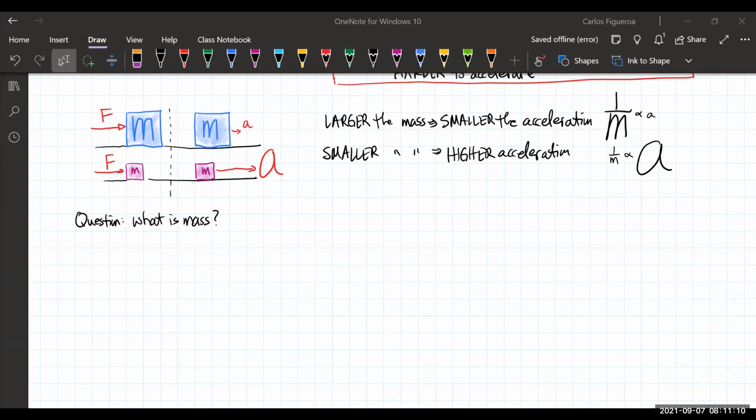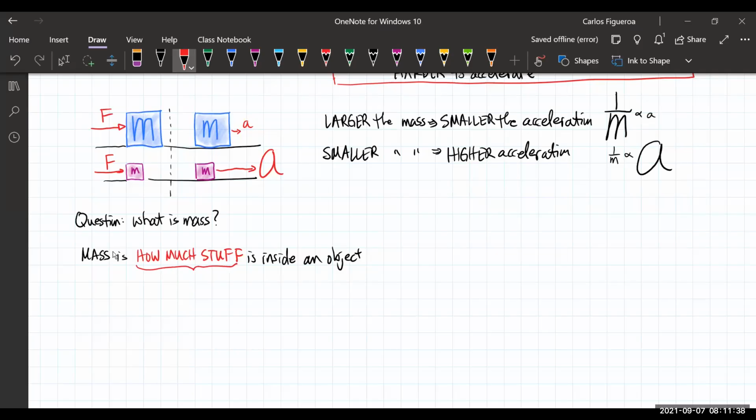Okay, so mass is how much stuff is inside an object. So when I say how much stuff, I really say the amount of matter.